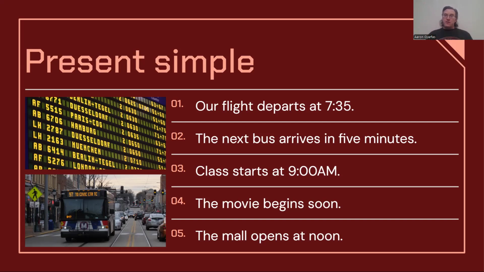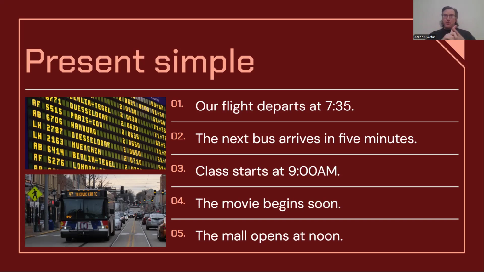All of these examples, if you're talking about the future, can use will. So our flight will depart at 7:35. Or you can use be going to. The next bus is going to arrive in 5 minutes. Those are fine. But because it's on a specific schedule, timetable, calendar, we can also use present simple.